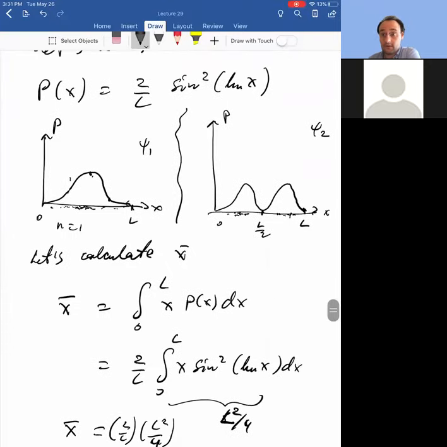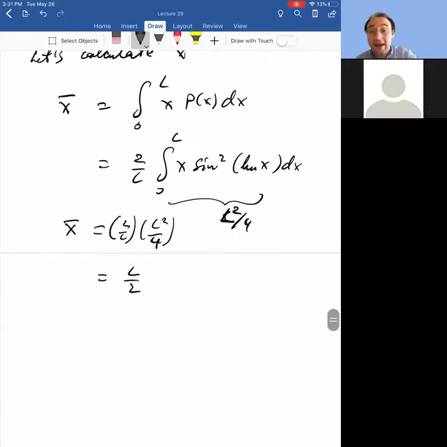Well, that's obvious. Look at these distributions. They're all symmetric about the center of the box, L over 2. So does this result make sense? You should always go back and see, does it make sense? You should always reflect. You should never just write it down and hand it in. I know the result. It's for you. So does it make sense? Yes.